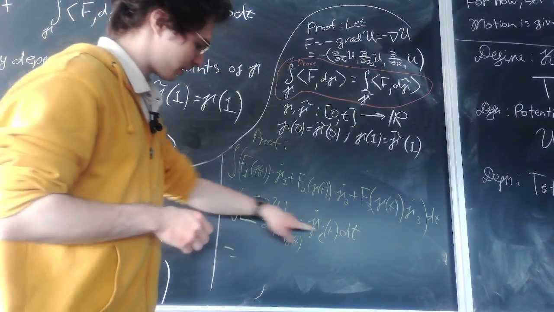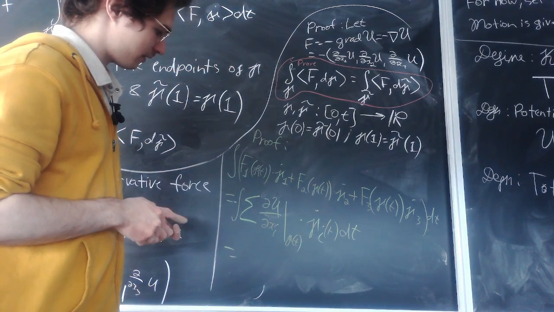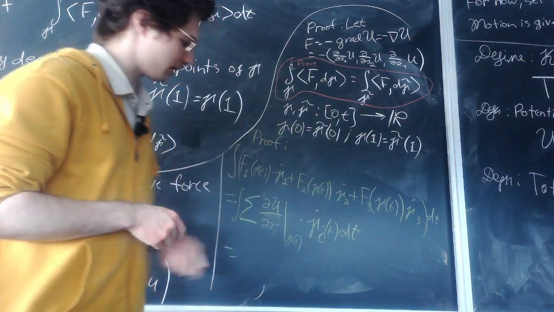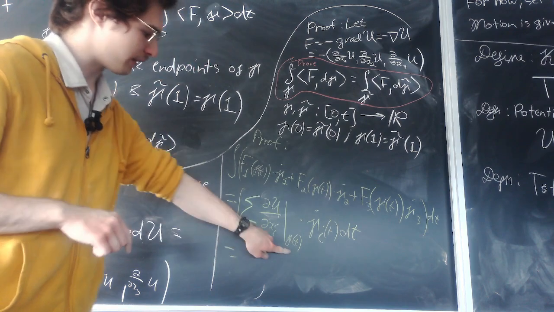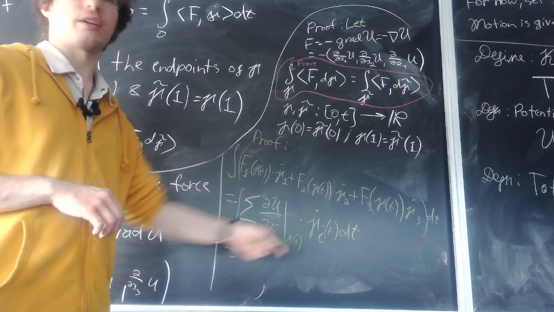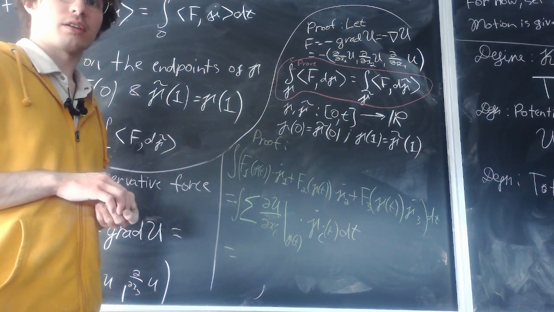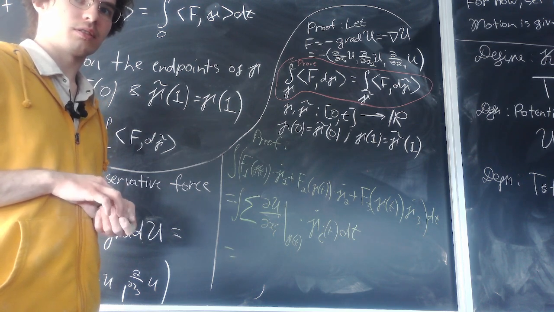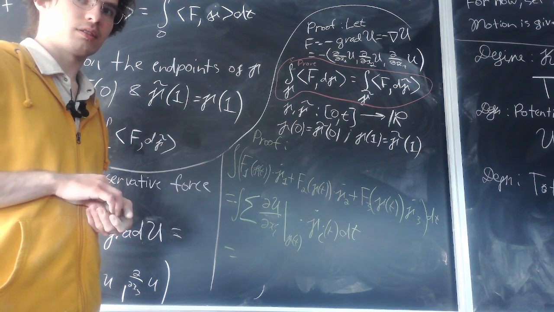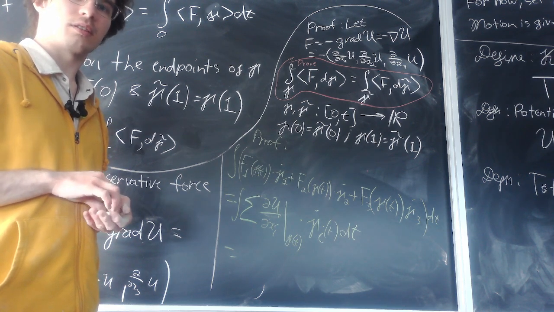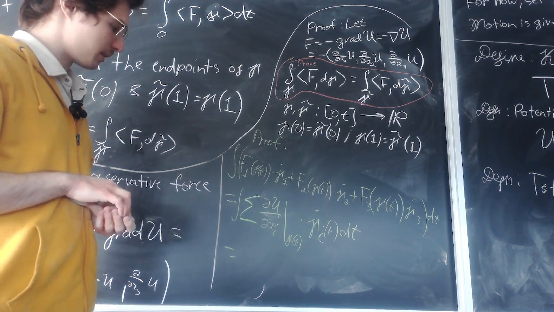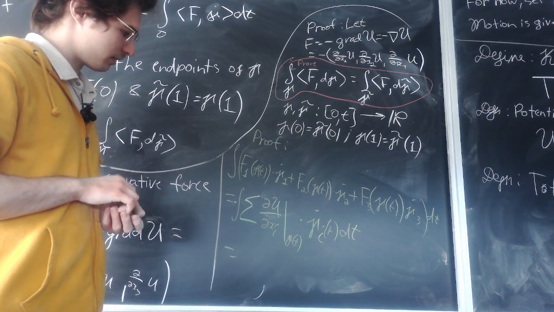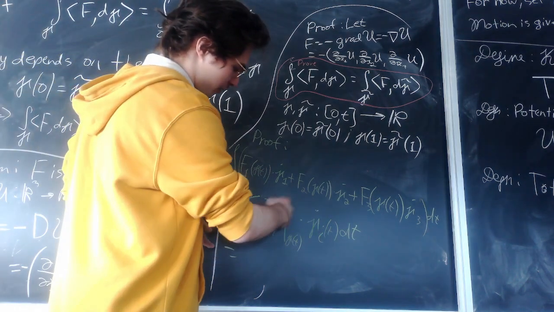What does this really look like? This is ∂u/∂xi times gamma i dot of t, and this is evaluated at gamma of t. What does this look like? This looks like the chain rule of some sort. Yes? Yes. But then these are partial derivatives, not total derivatives. Maybe there's something that I need to say about this. But the idea is, okay, this looks very much like the chain rule.